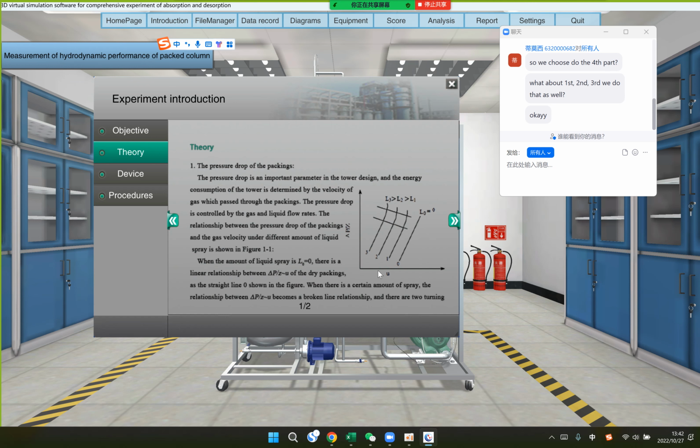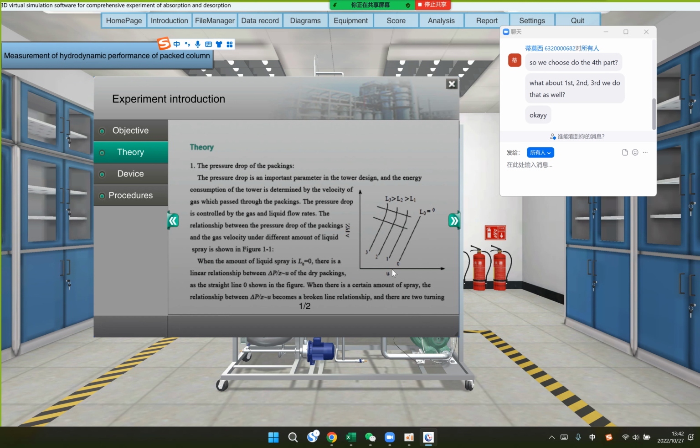The y-axis is the pressure drop of the tower, or delta P divided by Z, where Z means the height of the packed tower.